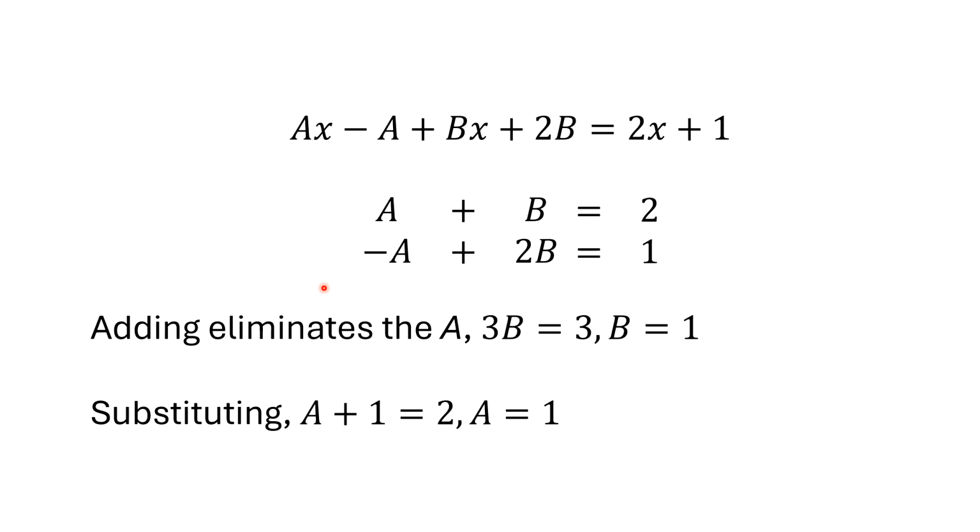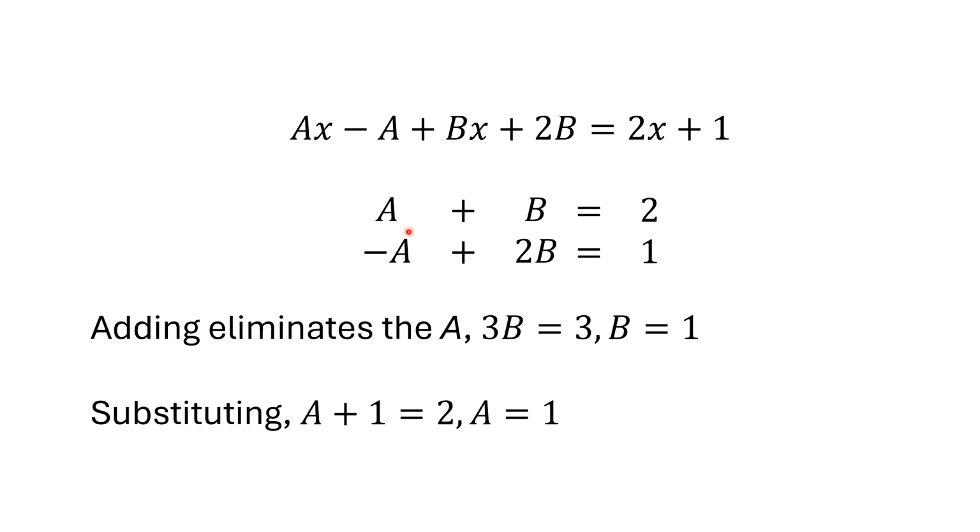Now, they won't always work out this nicely. Here, if I just add the two equations, treating A and B as the variables, the A's disappear, and I get 3B equals 3. Well, if 3B equals 3, I get B equals 1.